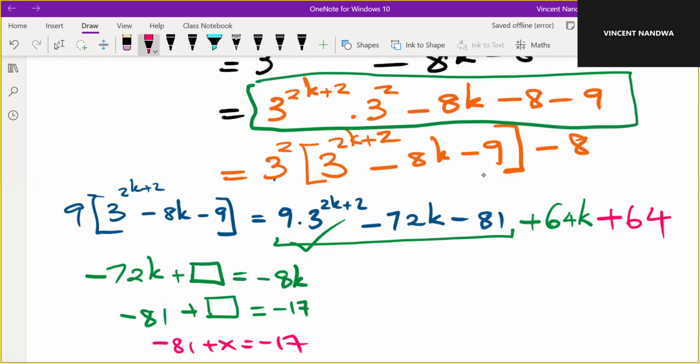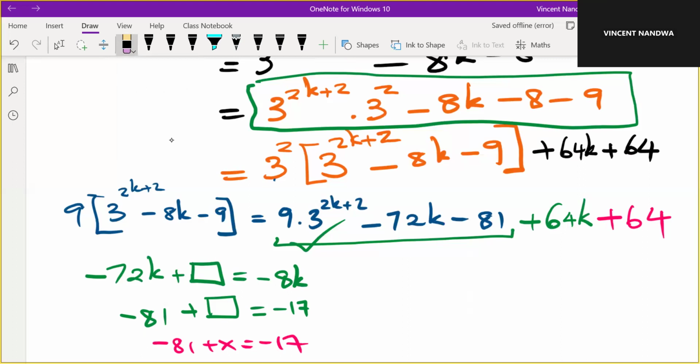Okay, so then it means that once I have this bracket here, which we know is divisible by 8 from the previous step, I need just to add 64k and I add 64. Then when I open the brackets, the value I have will be exactly the same as the previous one.